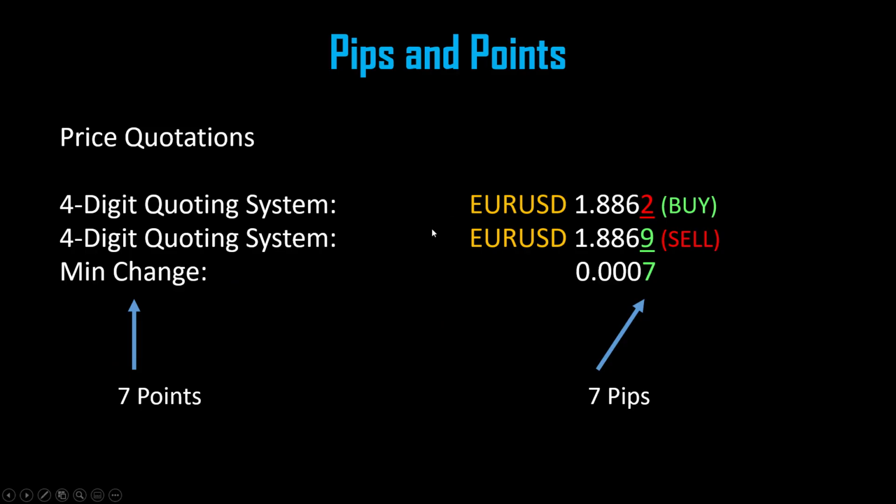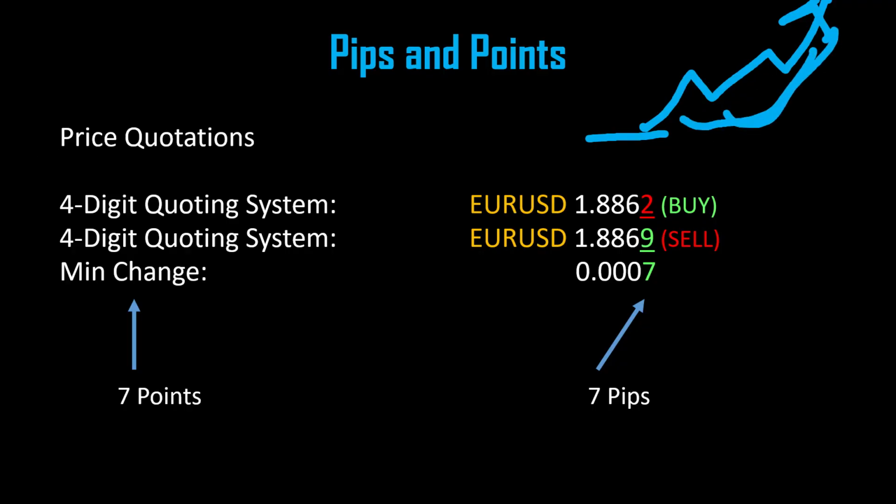So now pips and points continue, price quotation. So again, we've got the 4-digit quoting system, guys. Here we have EUR USD. So for example, let's say we buy, looking for it to continue up on the chart, which would not be bearish, it would be bullish. Remember the bull, guys. It's an uptrend chart.